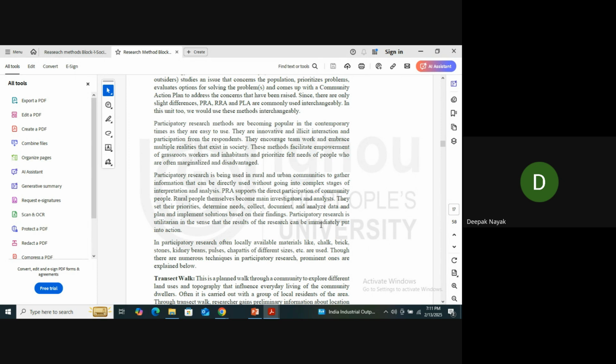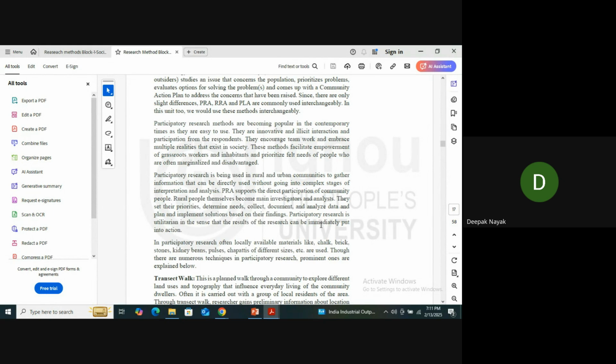All these things are studied under participatory rural appraisal with complete participation of the community people. People are at the center of investigation, and they conduct the whole appraisal by using different approaches.